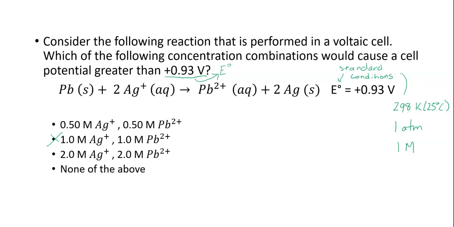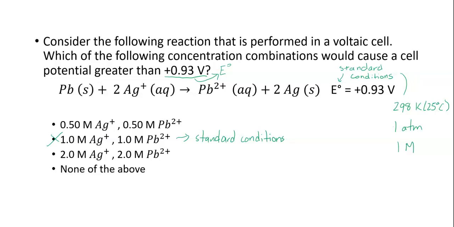Well, immediately we should be able to say that this one is not correct. And the reason is because this is standard conditions, because all of our solutions are at 1 molar, which is one of the standard conditions. So if we're at standard conditions, then our cell potential will just be the standard cell potential.